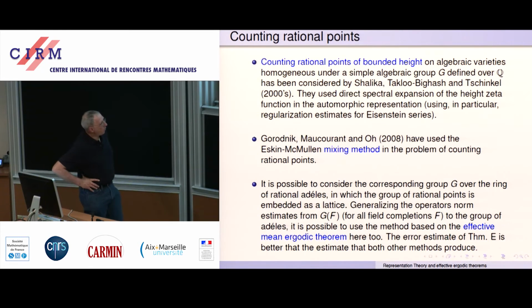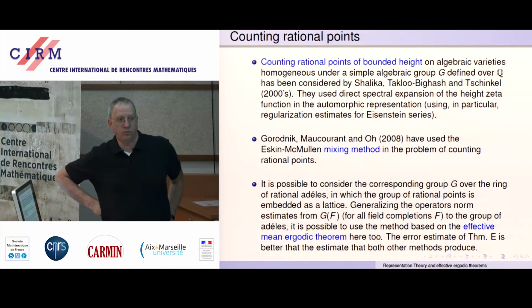And now one has to generalize the operator norm estimates from G_F for all field completions F to the group of Adeles. And then it is possible to use the method that we presented based on the effective mean ergodic theorem here too.